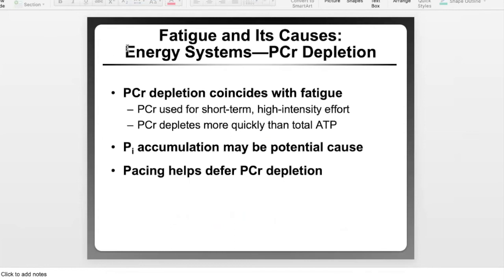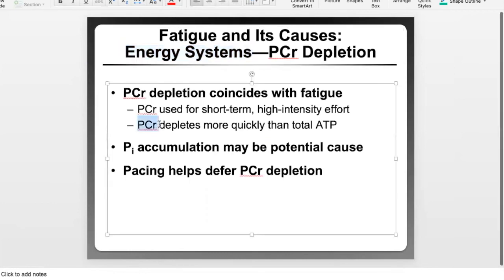So one cause of fatigue associated with bioenergetics is that there's too much phosphocreatine. When there's an accumulation of phosphocreatine and I'm not creating ATP, the free phosphorus ions, as they accumulate, are a potential source of fatigue. It refers to the fact that my body is not recycling ATP quick enough.